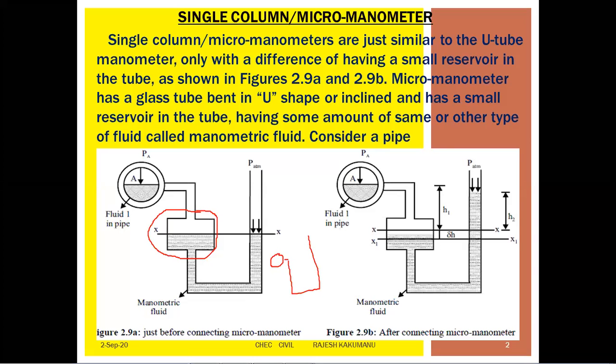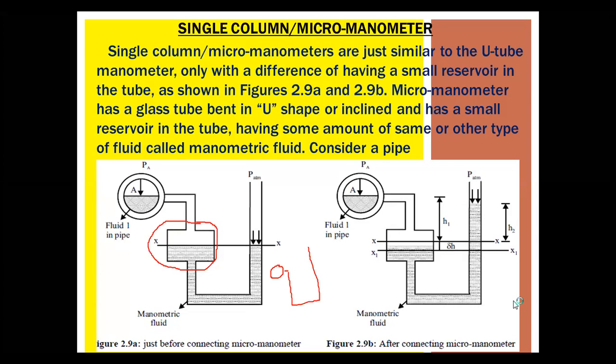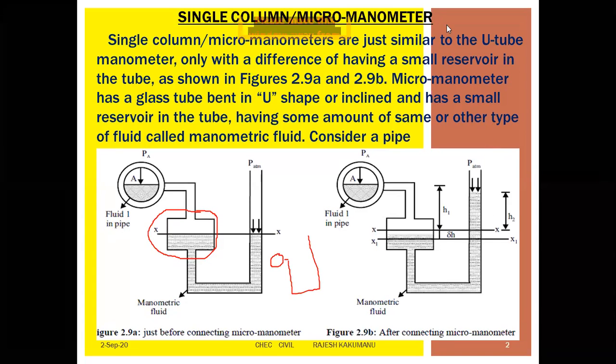Sorry for the technical problem. We'll continue. Whenever you see a change in the height of the liquid, automatically the manometric fluid moves to a certain height from the XX line, as shown in this figure.